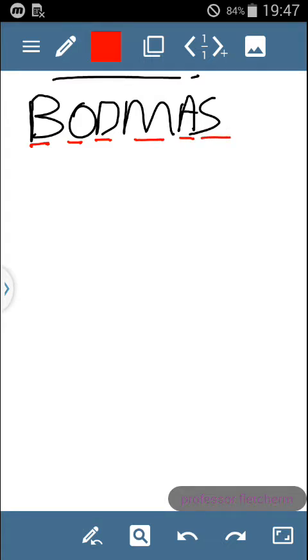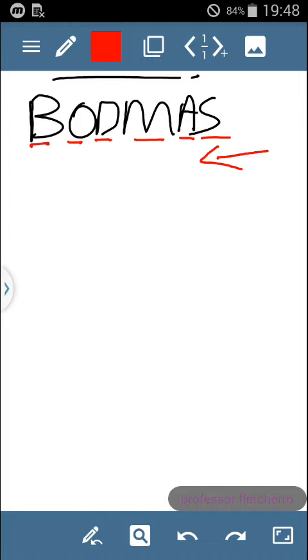So you start from this side going that side. If there is a subtraction first, you try to make sure that you remove it. If there is an addition, you remove the addition. If there's a multiplication, division or brackets, I'll show you as we go along.